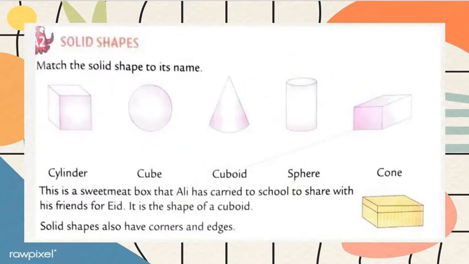Now we move on to solid shapes. Which type of shape are we going to learn? Match the solid shape to its name.